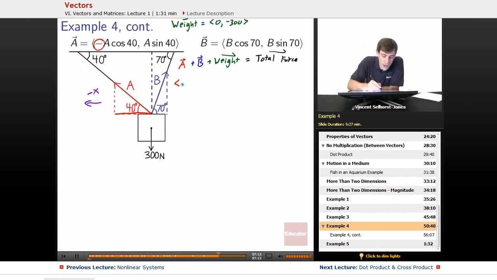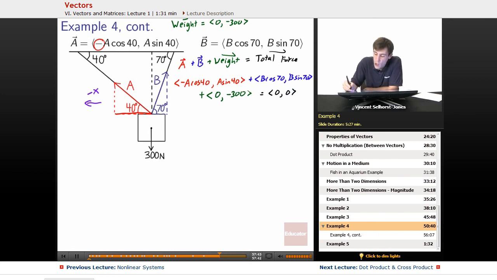All right, so we've got negative A cosine 40, A sine 40, plus B cosine 70, comma, B sine 70. Sorry, I'm going to have to continue on to the next line. Remember, this is just all one line put together. So plus 0, negative 300. In the end, we'll wind up equaling 0, 0.